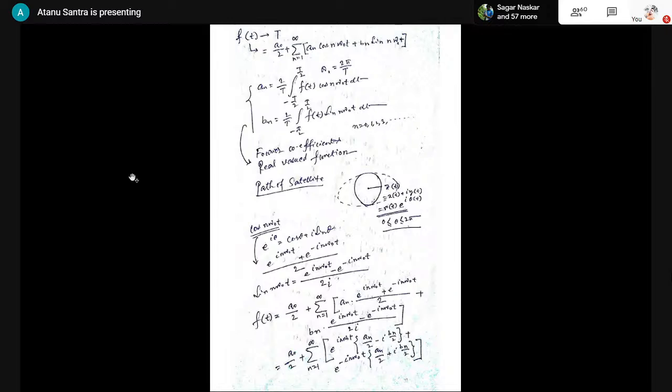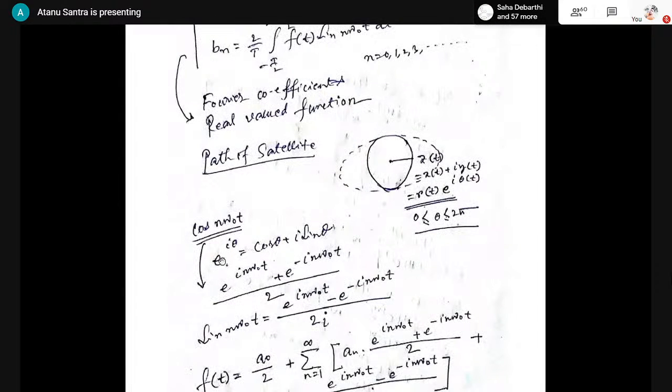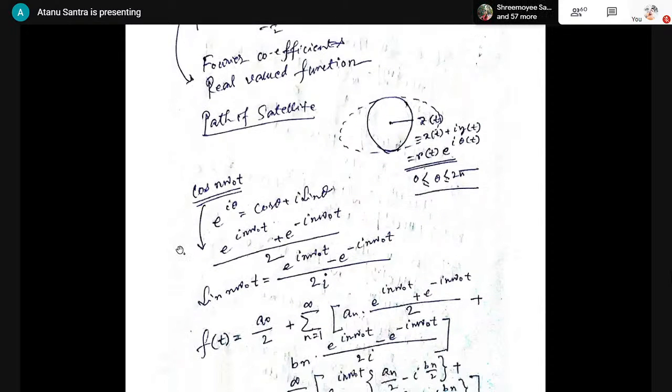If we talk about the complex signal, we are familiar with this formula: e to the power i theta is equal to cos theta plus i sine theta, e to the power minus i theta is equal to cos theta minus i sine theta. If we eliminate the sine term, then the cosine of n omega 0 t will be e to the power i n omega 0 t plus e to the power minus i n omega 0 t divided by 2.